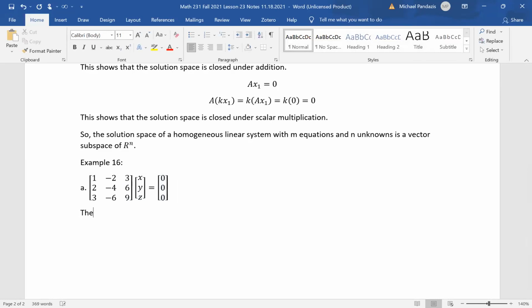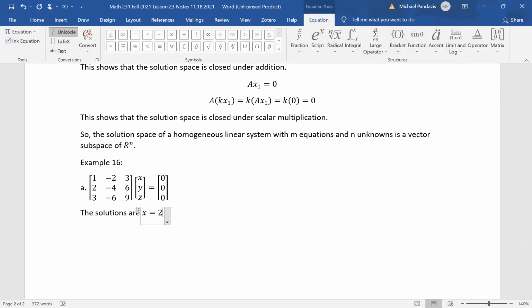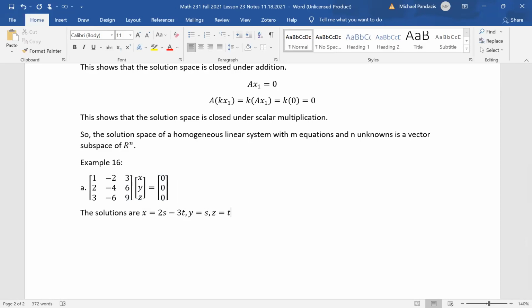Let me tell you, the solutions are x equals 2s minus 3t, y equals s, and z equals t. We could do this from earlier.